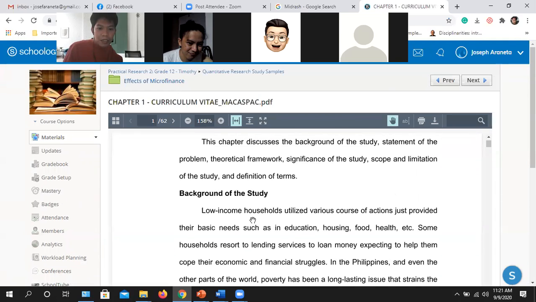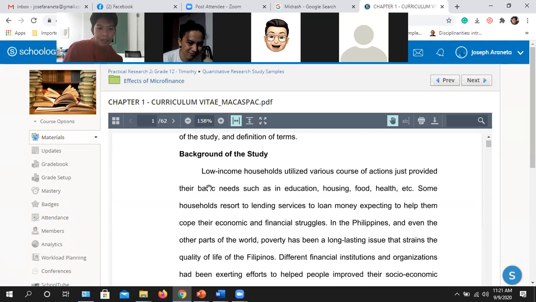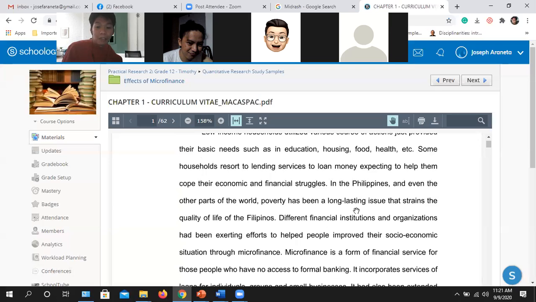For example, this is the background of the study. Low-income households utilize various courses of actions just to provide their basic needs such as education, housing, food, health, etc. Some households resort to lending services to loan money, expecting to help them cope with their economic and financial struggles. In the Philippines and even in other parts of the world, poverty has been a long-lasting issue that strains the quality of life of Filipinos.